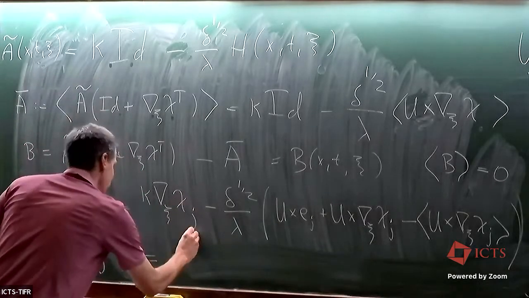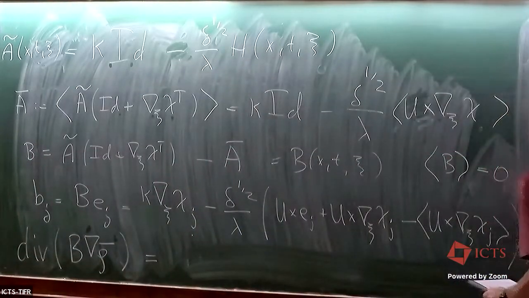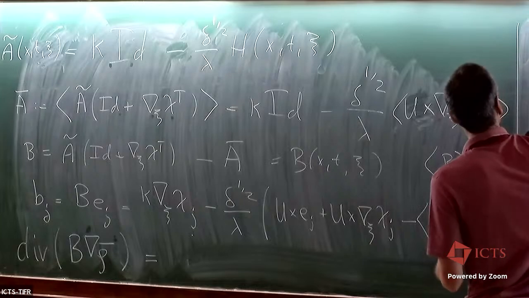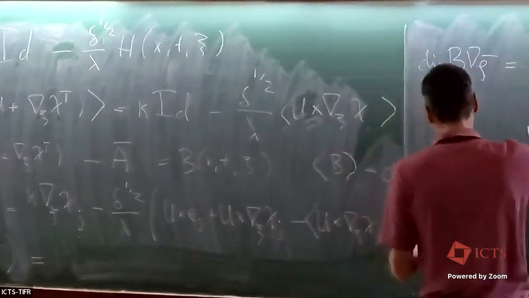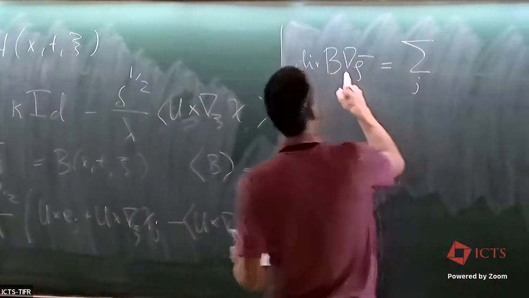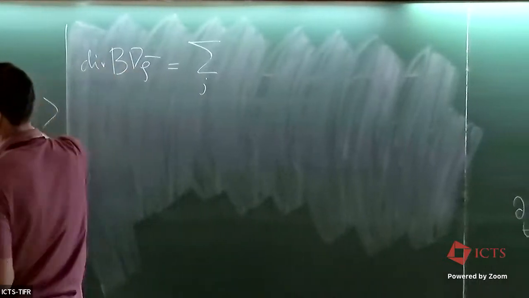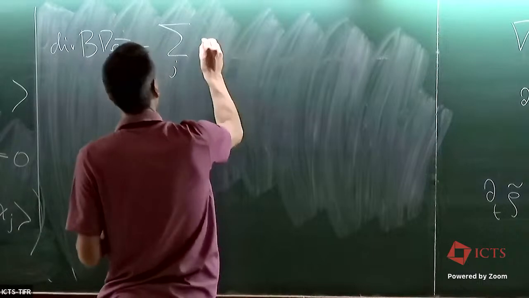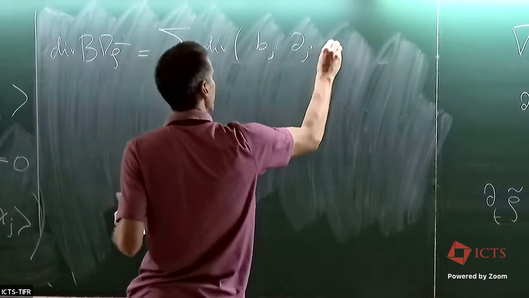So I'm going to write this. This is really too little space. I'm going to write this as the divergence of B grad rho, where each component of this one hits one of the small bj's, one of the columns. So it's the divergence of bj rho bar.